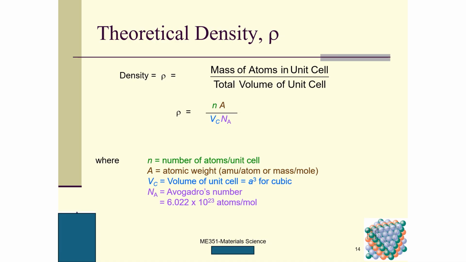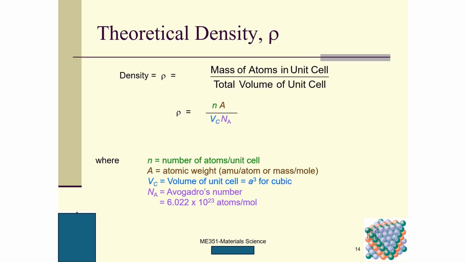The number of atoms multiplied by the atomic weight is the total mass within this cell. And Vc is the volume of the unit cell.